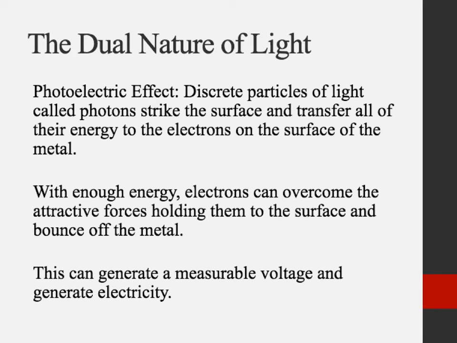So, just to recap, the photoelectric effect is when discrete particles of light called photons strike the surface and transfer all of their energy to the electrons on the surface of the metal. With enough energy, these electrons can overcome the attractive forces that hold them to the surface and bounce off the metal. That can generate a measurable voltage, which can be used to generate electricity. And on the next page is a model of this.